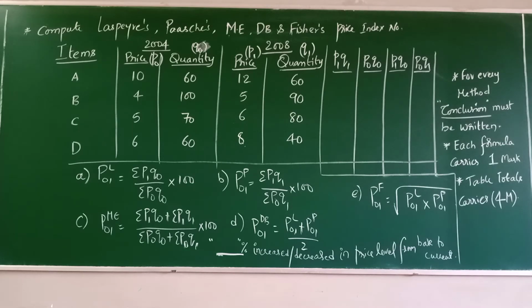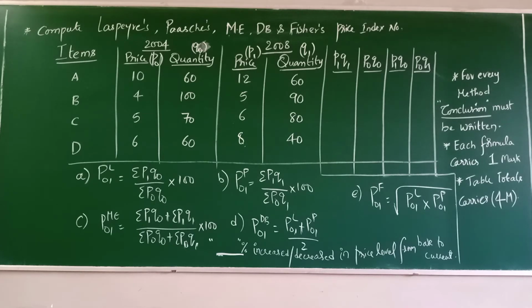Okay, so this way the Laspeyres method. The same way Paasche: summation P1 Q1 by summation P0 Q1 into 100. Now in the Paasche method, the current year quantities are the weights. Base year quantities are used in Laspeyres.